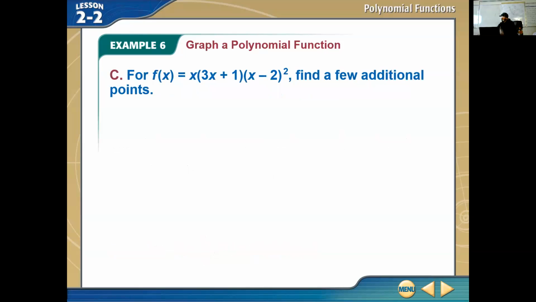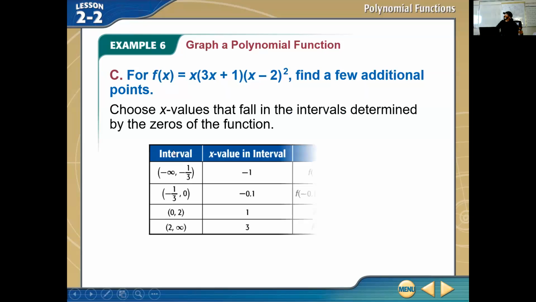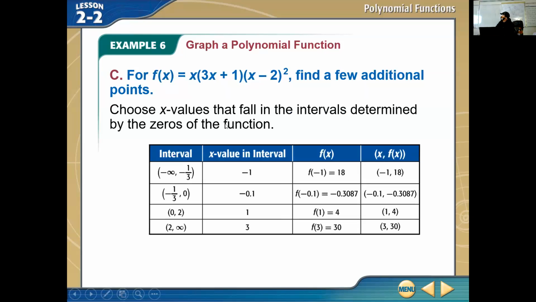So find a few additional points that fall on intervals. So you can see from negative infinity to negative 1/3, that's above the x-axis because we had a 0 at -1/3. So they chose a -1. Once again, -1 is a pretty easy point to work with.